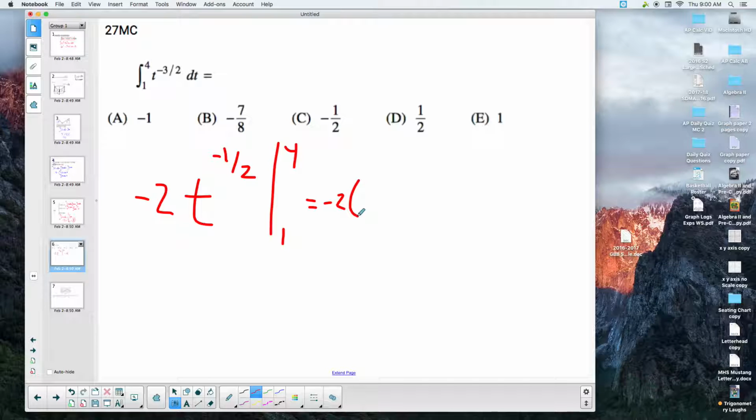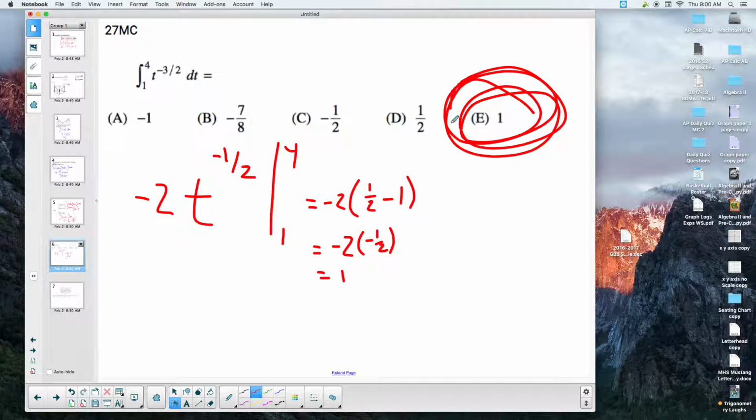And I'm just going to do 4 to the negative 1 half, which is 1 half, minus 1 to the negative 1 half, which is 1. Negative 2 times negative 1 half, or 1 half minus 1 is negative 1 half. Multiply those out, you get 1, which is E.